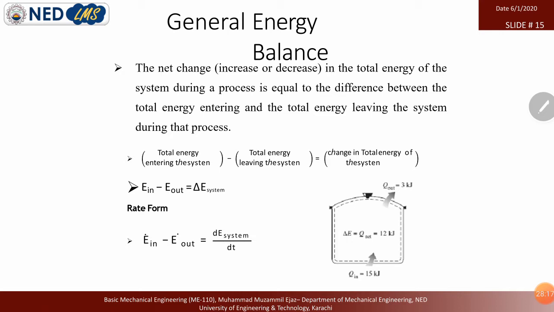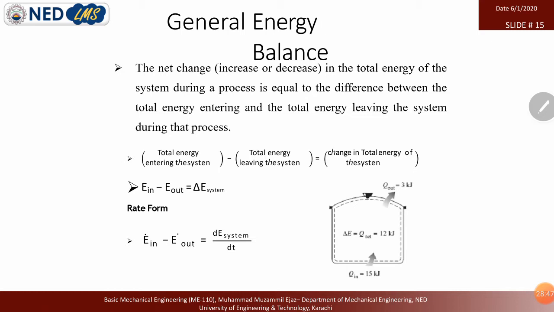Let's move on. The general energy balance, what we study, is that the net energy, the total energy entering the system minus the total energy leaving the system, is the change in the total energy of the system, that I already wrote in the previous slides and below the equation.